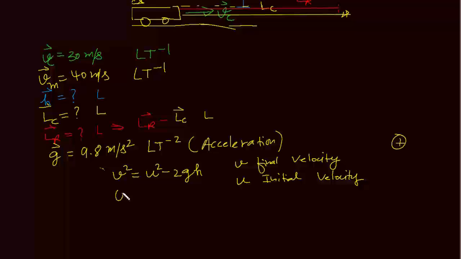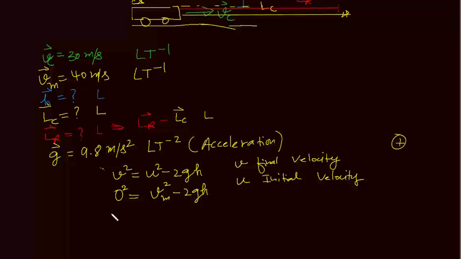So 0 square is equal to Vm square minus 2Gh. Now why do we use this minus? Because G is in the downward direction, H is in the upward direction.